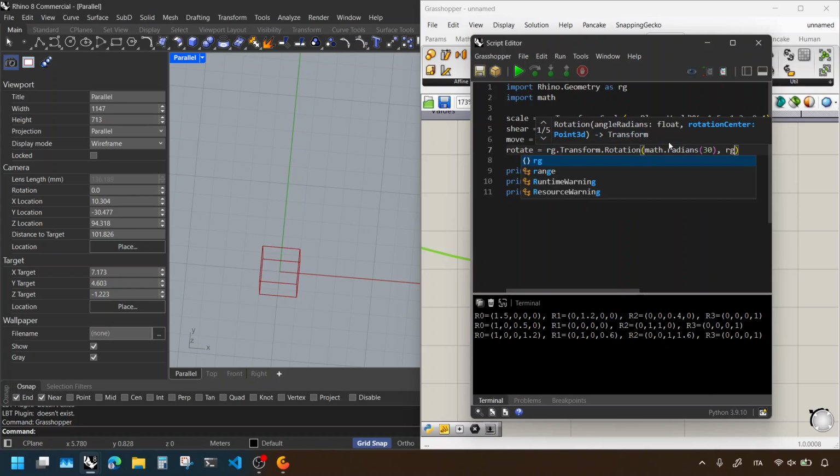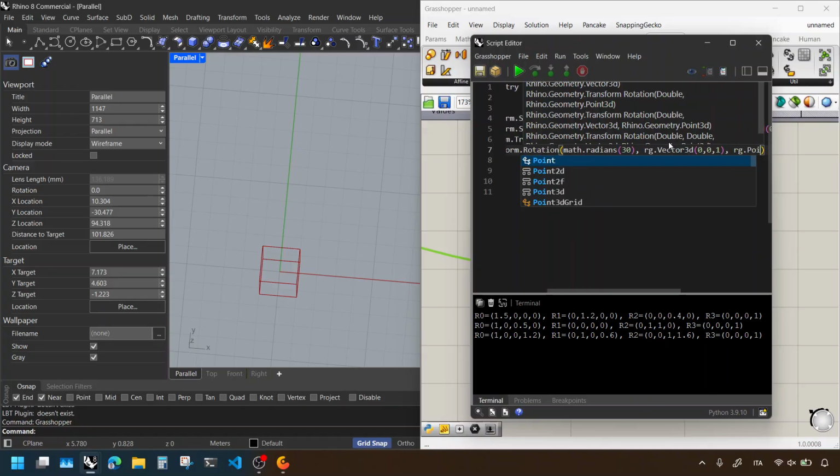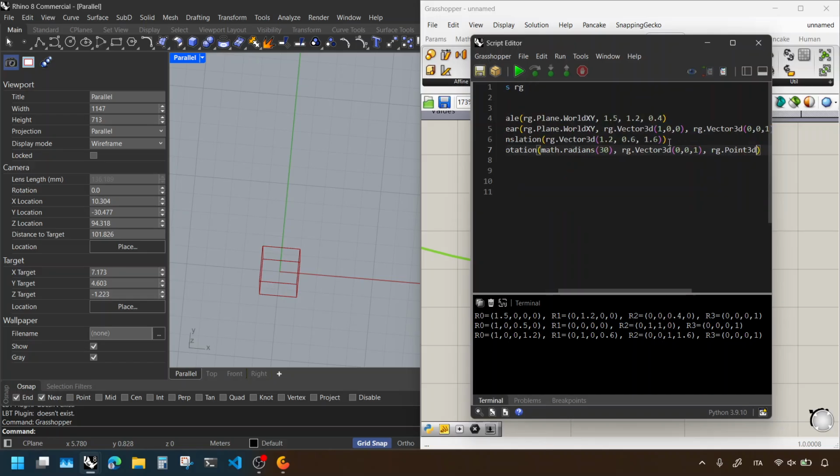Then we want the vector, which is just Rhino geometry dot vector 3D. Then we go 0, 0, 1, so that's the z vector, and then a point, so Rhino geometry dot point 3D, and that will just be the origin, so 0, 0, 0.